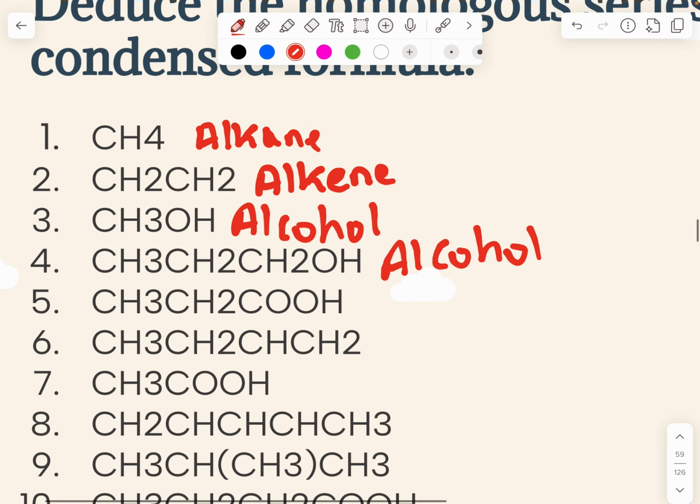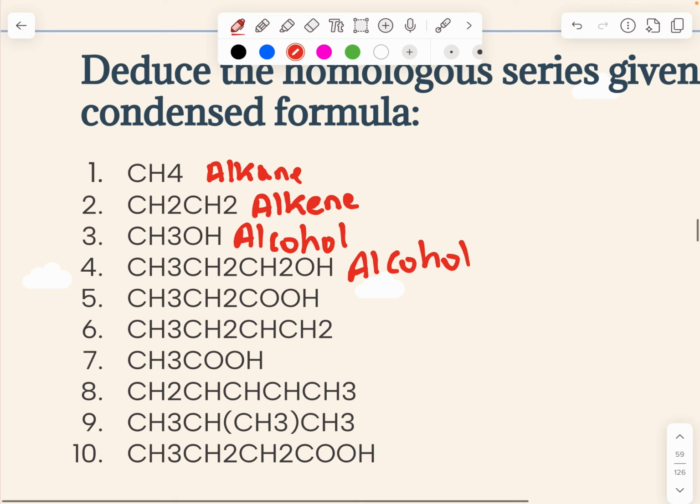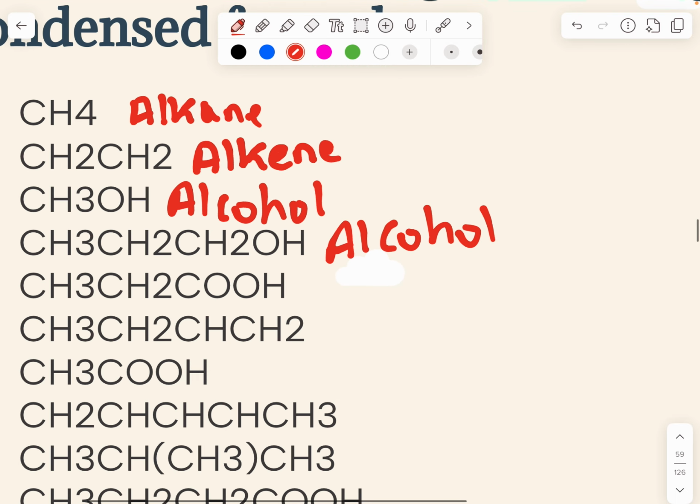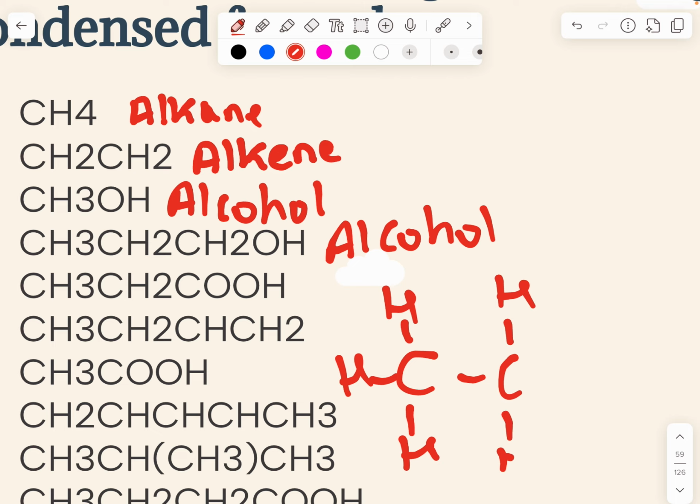Alright, now we're at number 5. Okay, number 5 has, the first carbon is 3 hydrogens. Second carbon is 2 hydrogens. But we can see the COOH.